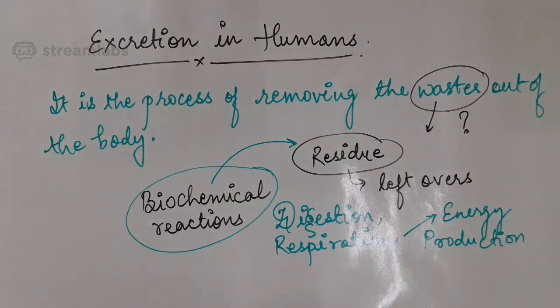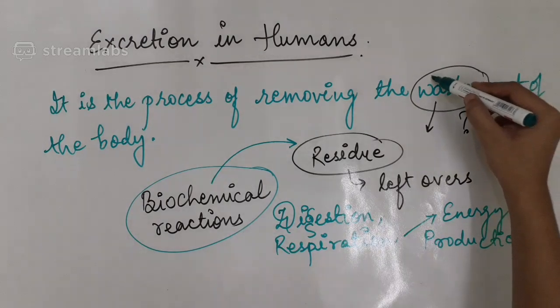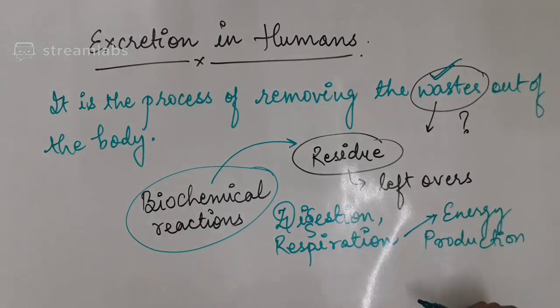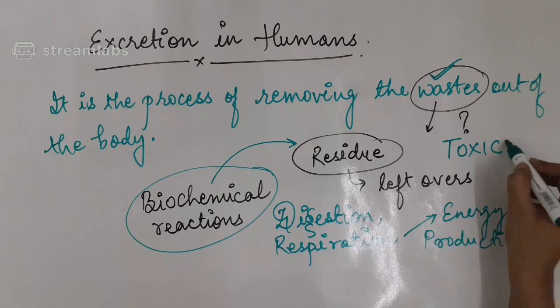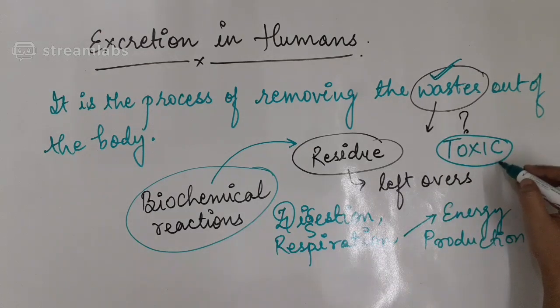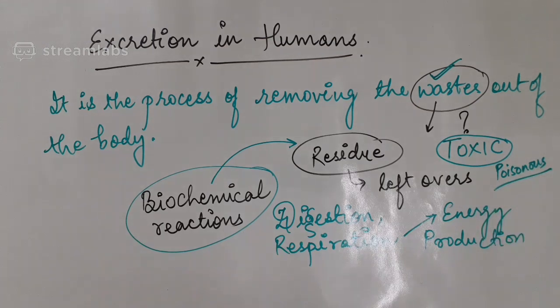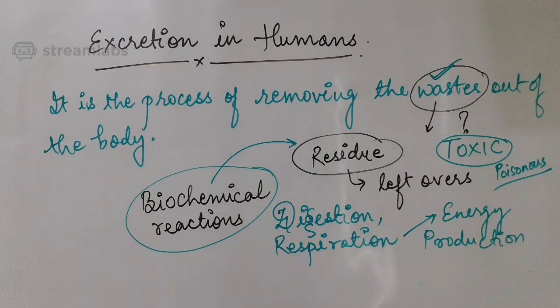Why do they need to be taken off? Because if this waste remains inside the body, it can be toxic. Toxic means poisonous. Okay. This is chapter number 11, transportation in animals and plants. In the previous class, we studied the heart, the structure of the heart, the circulatory system.